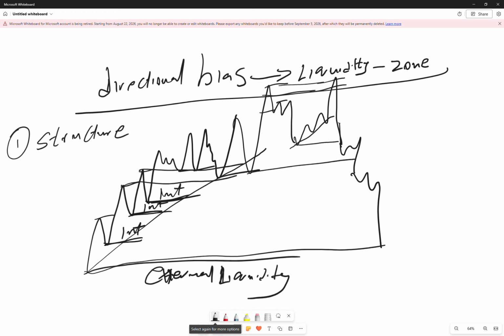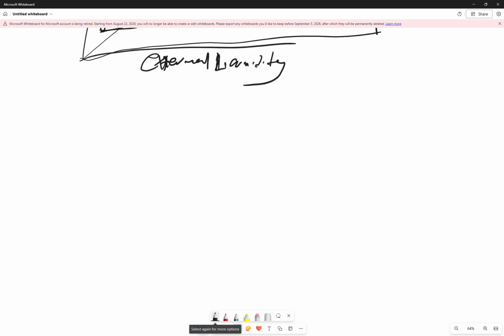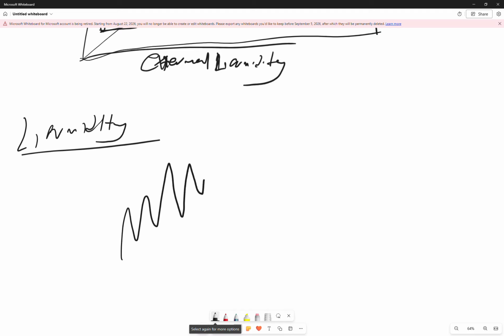Your liquidity. How to know your liquidity? This is an MSS right here. Because what? You have this zone that was being tapped. This zone was tapped.